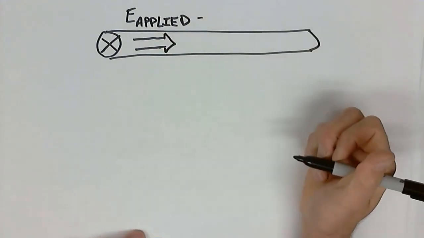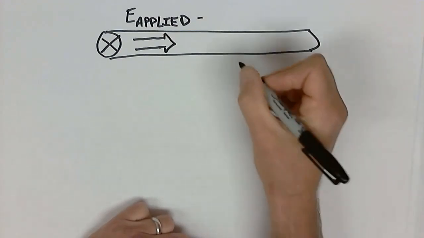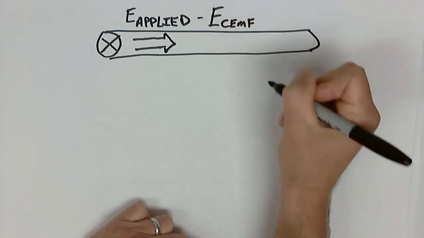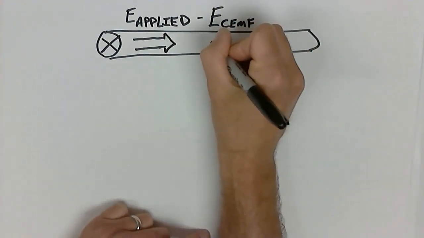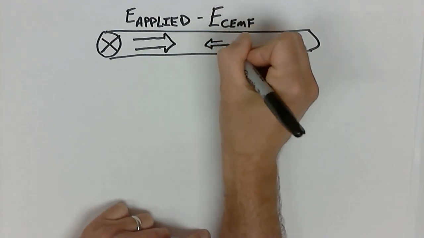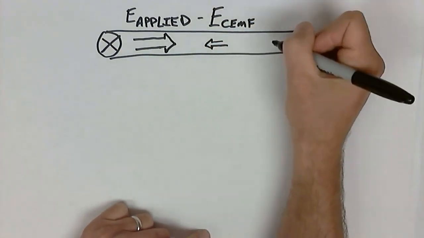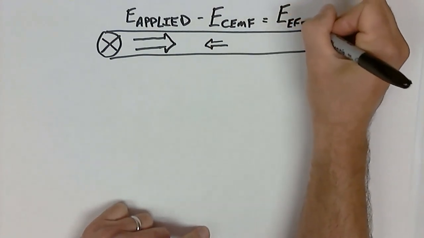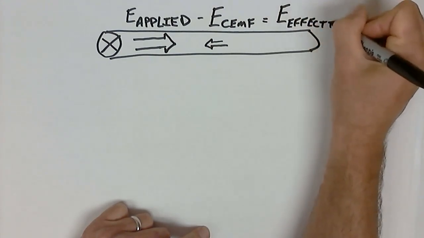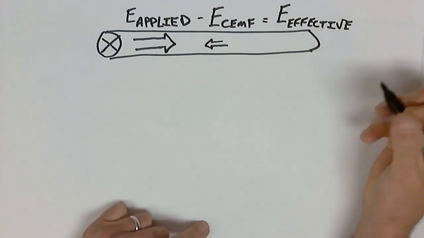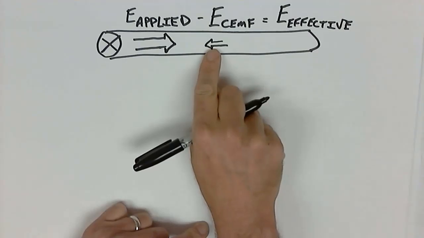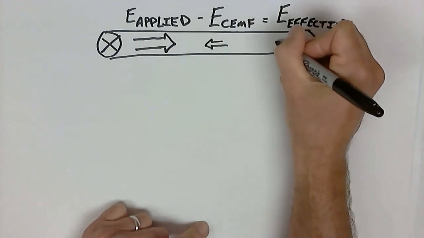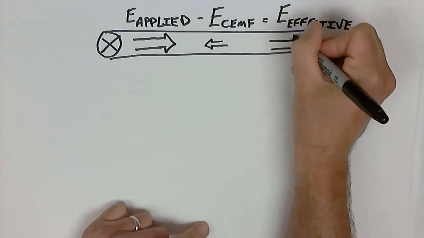And then we're going to take that applied value and we're going to have to subtract the counter EMF because it's in opposition, isn't it? And it's a much smaller value, so it's not as significant, right? And what that will give us is the E effective. And the effective is going to be this subtracted from there, or this one having the counter EMF subtracted from it. So it's going to be slightly smaller, right?